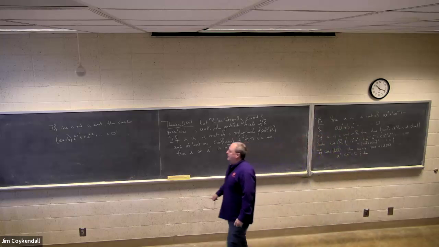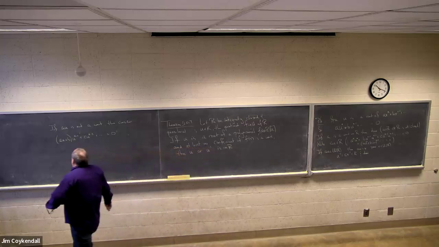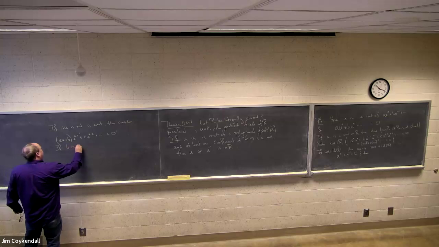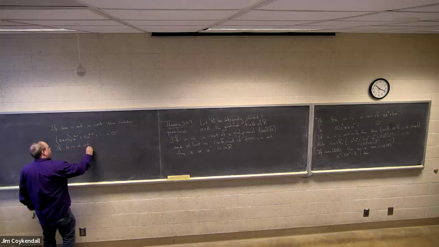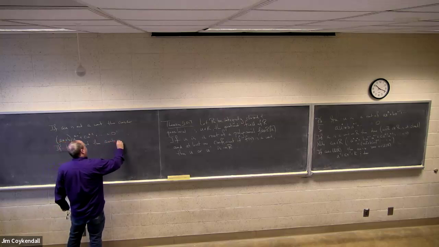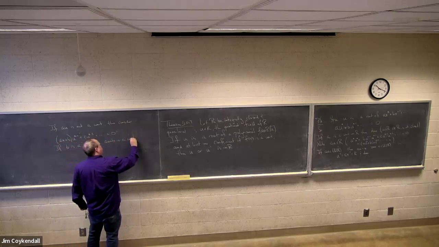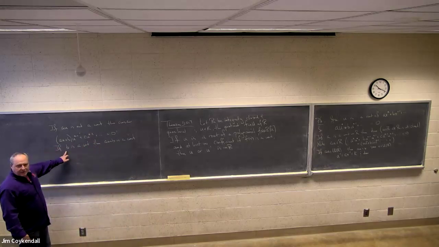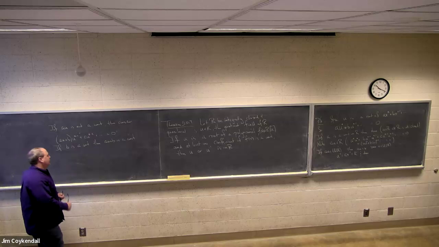That's easier to see. If B is a unit, then AU plus B is a unit. This, of course, rarely happens, but depends on the fact that this is quasi-local.